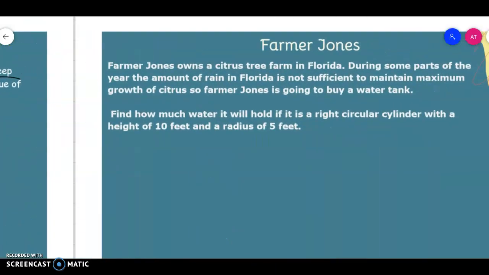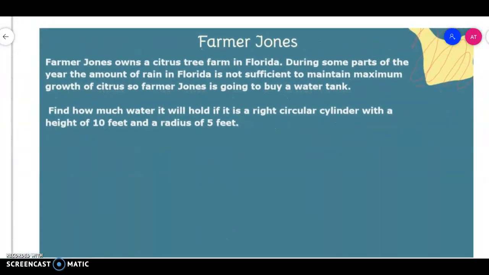So let's try a different one now. Farmer Jones, he owns a citrus tree in Florida. During some parts of the year, the amount of rain in Florida is not significant to the maximum growth of his citrus tree. So Farmer Jones is going to buy a water tank, and it'll hold a height of 10 feet with a radius of 5 feet.